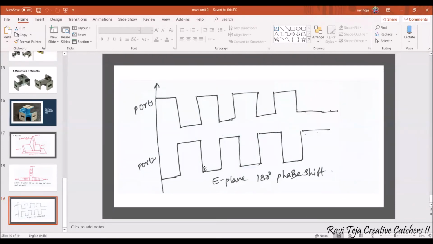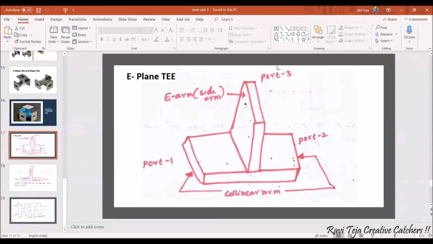So whenever in an E-plane T the signal is split into two and the input is given from port 3, the split signals coming from port 1 and port 2 will have a 180 degree phase shift. This is only due to the electric field present in this particular E-plane T. Remember this. Any doubts still here?